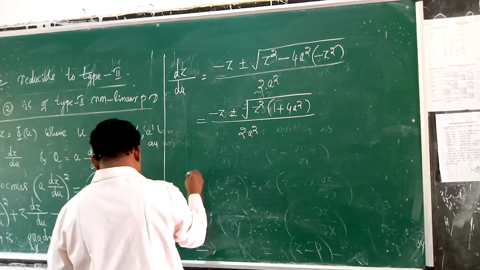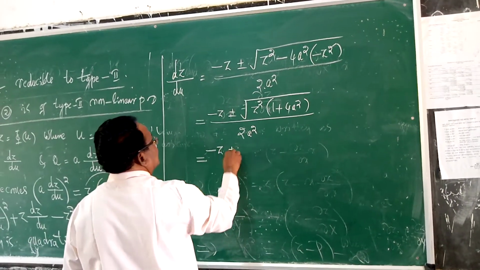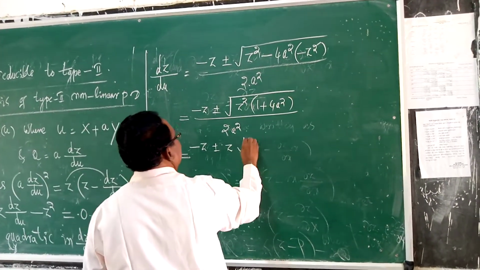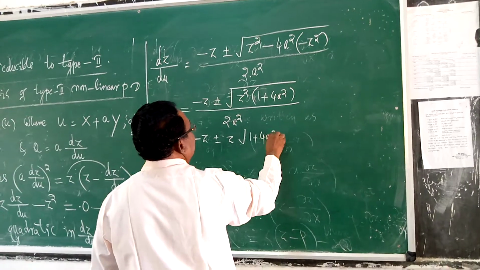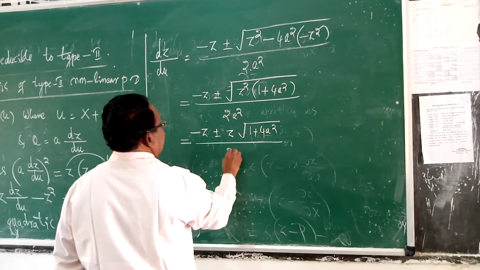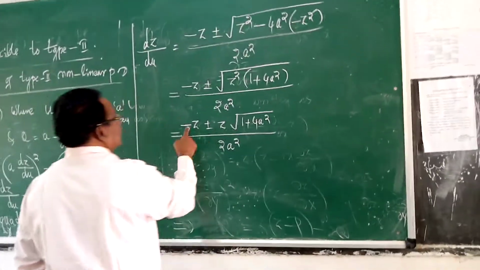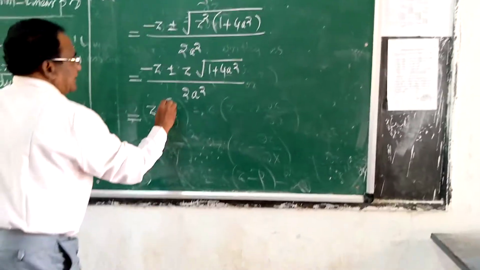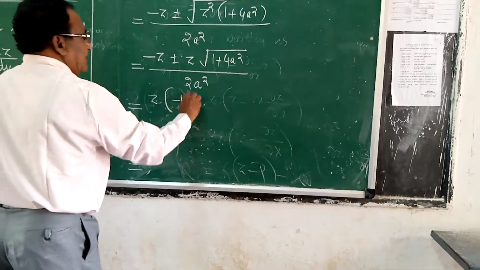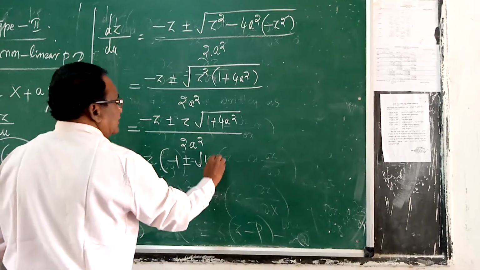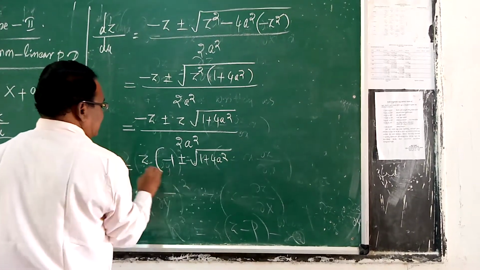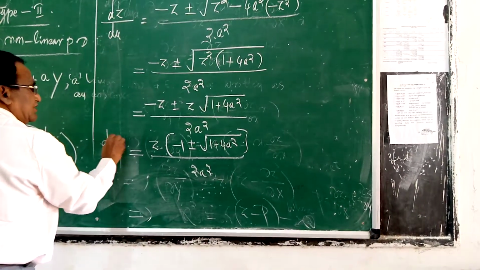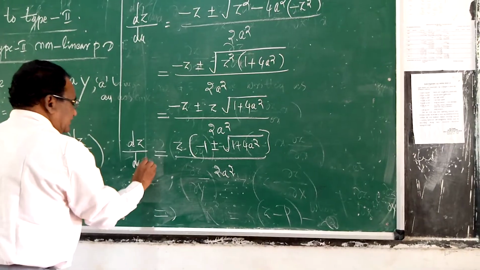This is equal to minus z plus or minus root of z squared, which is z into root of 1 plus 4a squared, divided by 2a squared. You can take z as a common factor here: z into minus 1 plus or minus square root of 1 plus 4a squared, divided by 2a squared. This is what your dz by du is.